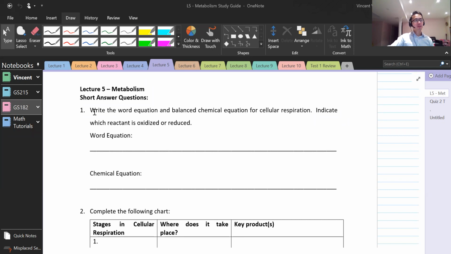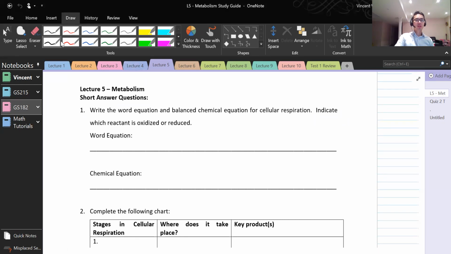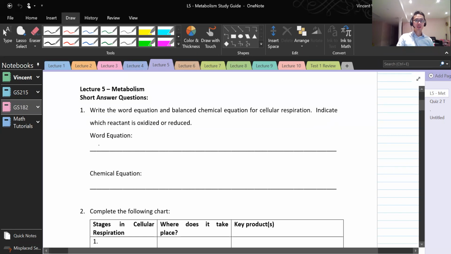All right. So here we go. Metabolism. First question here. Write the word equation and a balanced chemical equation for cellular respiration. Indicate which reactant is oxidized and which is reduced. So let's start with our word equation for cellular respiration. We begin with glucose. Okay, glucose. And we are going to react it with oxygen.